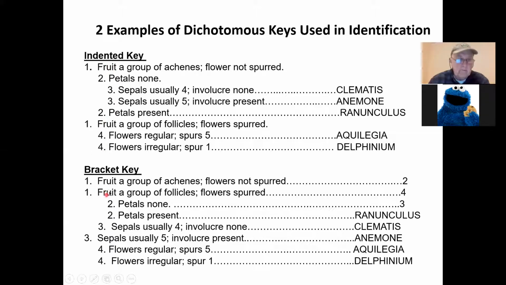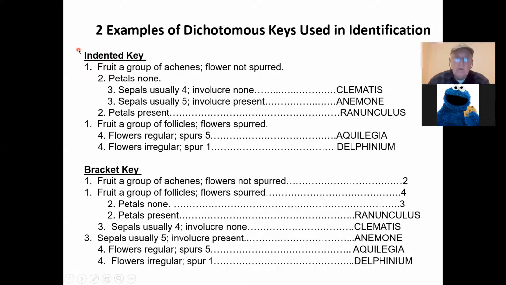Or the bracket key, you don't have any fruit. You're dead in the water. What are you going to do? You're going to have to skip down and start guessing around and key things both ways. You'd have to go through this number 2 and then number 4 because you don't know what kind of fruit you have. But with a polyclave key, you can enter that key anywhere. And if you're not good at ovaries, then skip them and come back to them later.